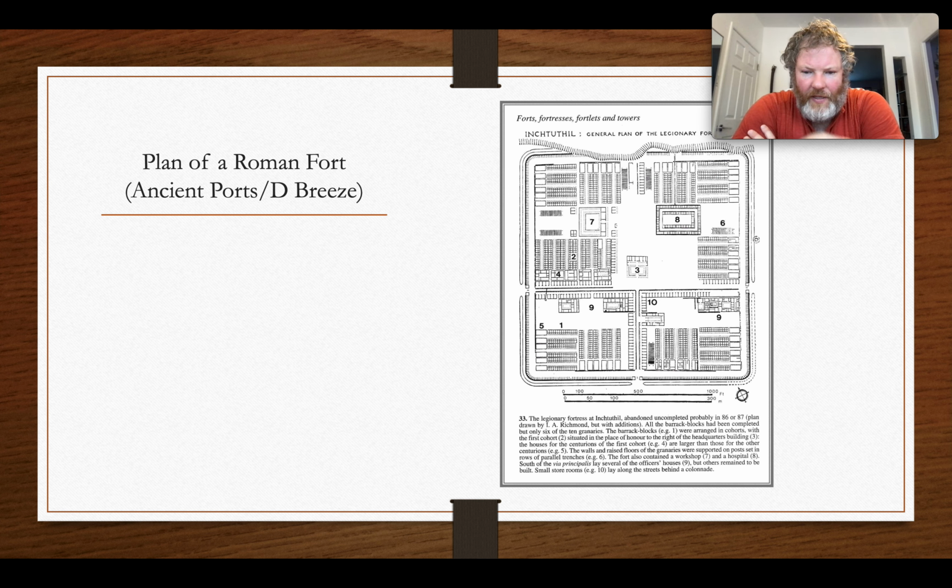I should say that these physical, permanent manifestations of Roman camps followed pretty closely the design of the temporary camps that existed back in the Republican era, so Pullo and before that.